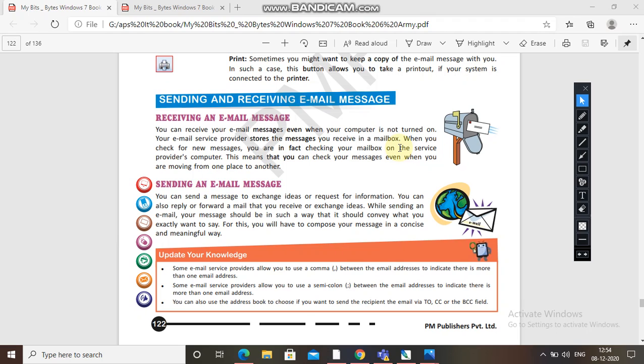Some email service providers allow you to use a semicolon between the email addresses to indicate the same. You can also use the address book to choose if you want to send the recipient the email via the To, CC or BCC field.